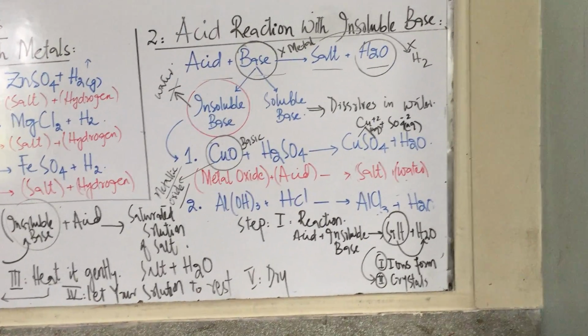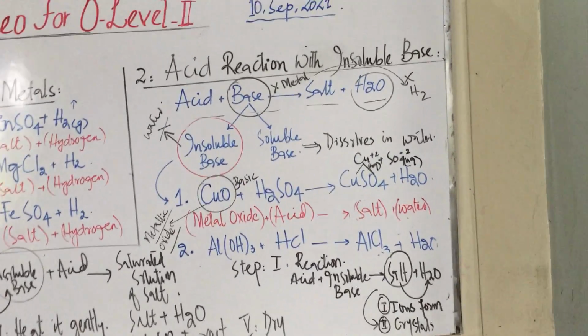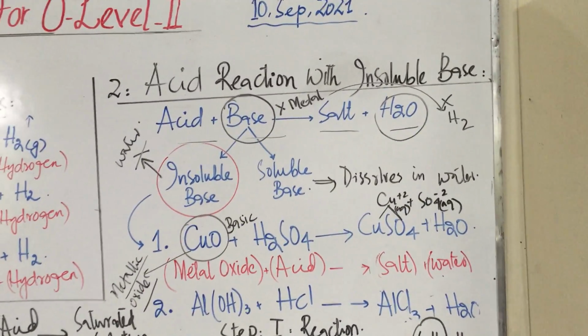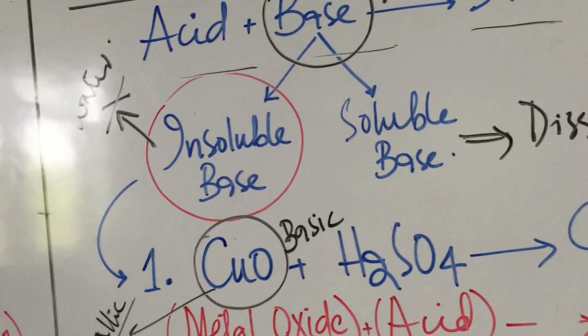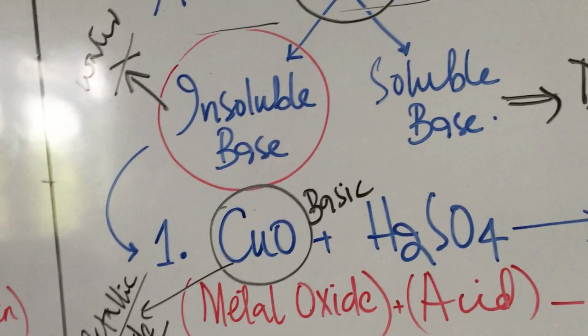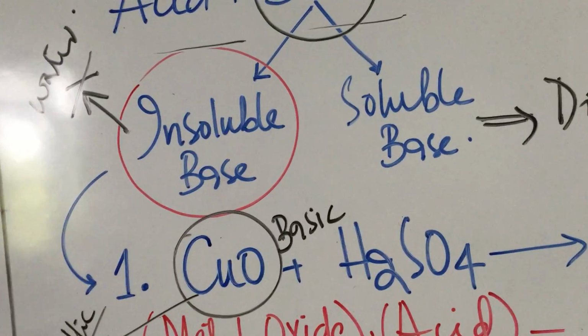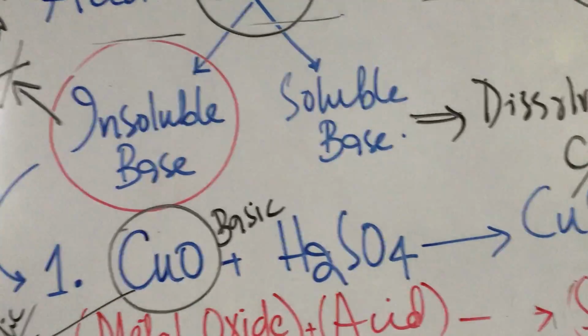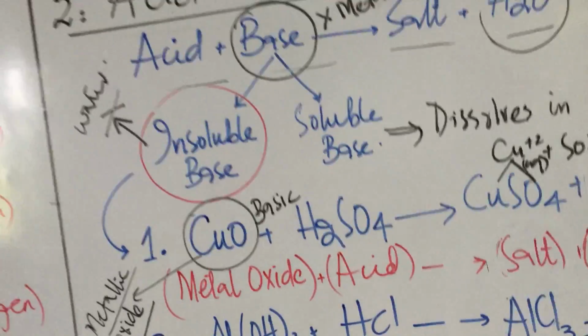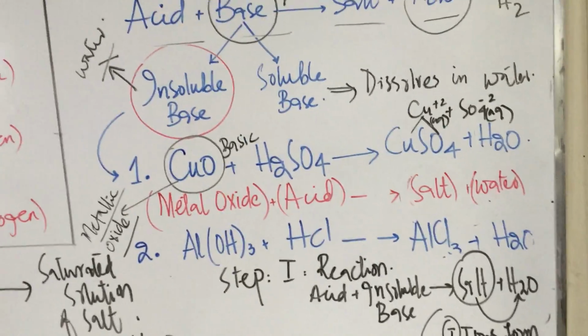What does a saturated solution mean? That contains a fixed amount of your insoluble base in acid, or simply the exact amount of a base such that the addition of further base will not lead to a chemical reaction. So first step, reaction.